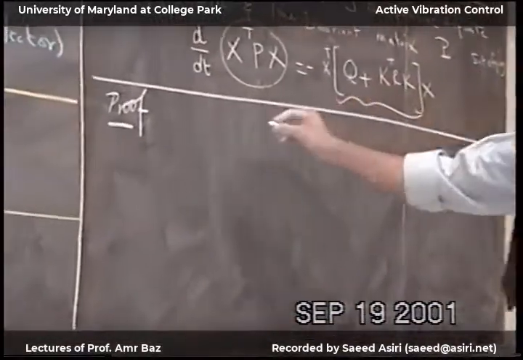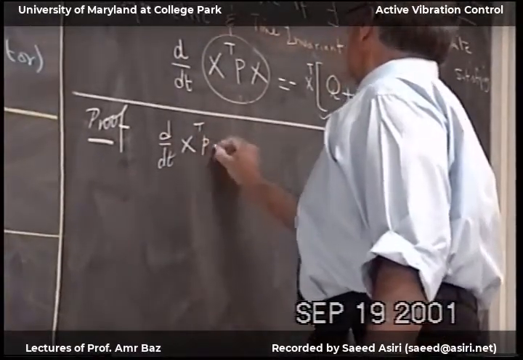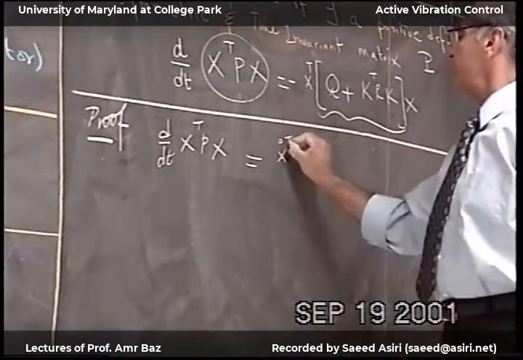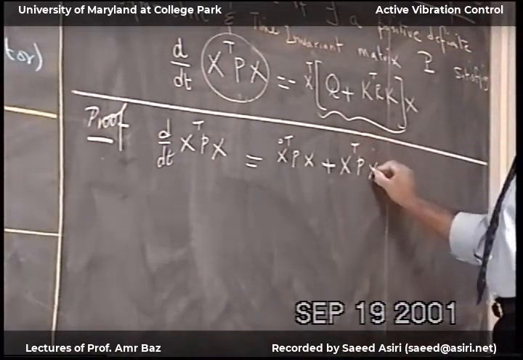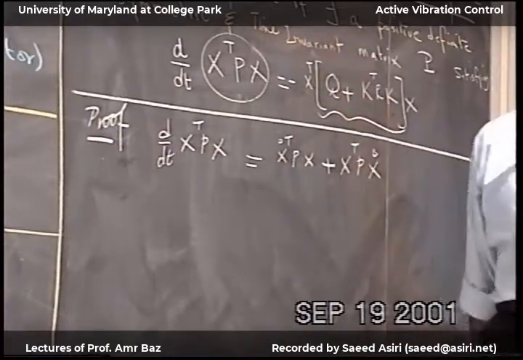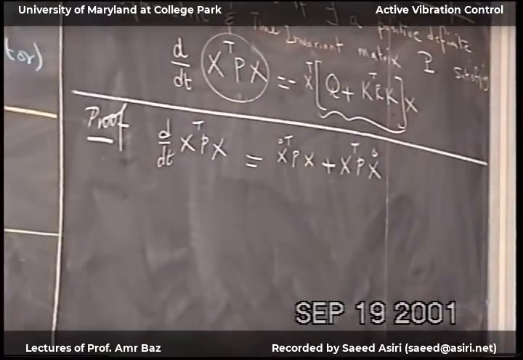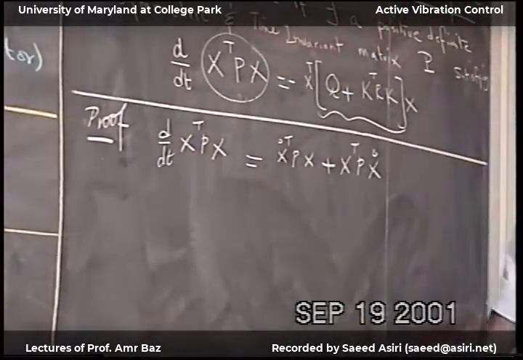I'll take the equation again that we have, d by dt of x transpose P x, and then differentiate. So this will be x dot transpose P x plus x transpose P x dot, and replace the x dot from the equation. The equation now will be the bottom equation, when we have the closed loop system.